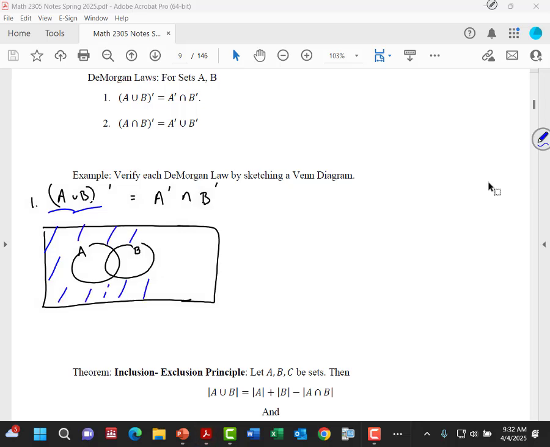That is this right here. And my claim is that's the same thing as A complement intersected with B complement. Well, A complement, that's everything that's not in A, and everything that's not in B is also this right here.